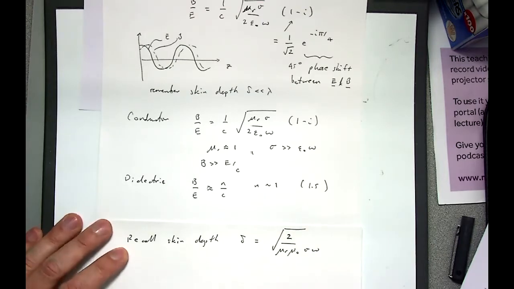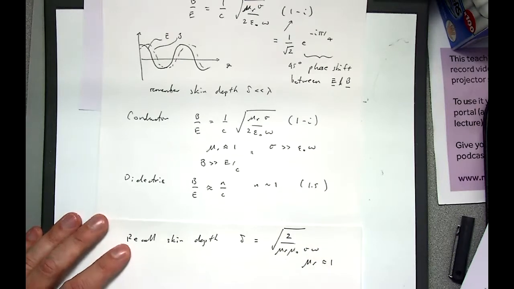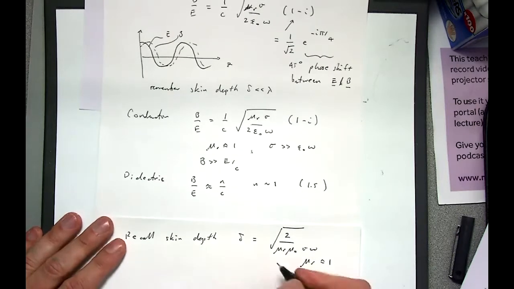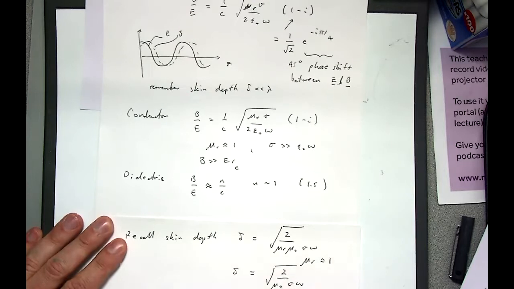Okay? And again, I'm going to keep reminding you, mu r is very often equal to 1. Keep repeating that. So roughly speaking, we can usually say that delta is the root of 2 over mu naught sigma omega.